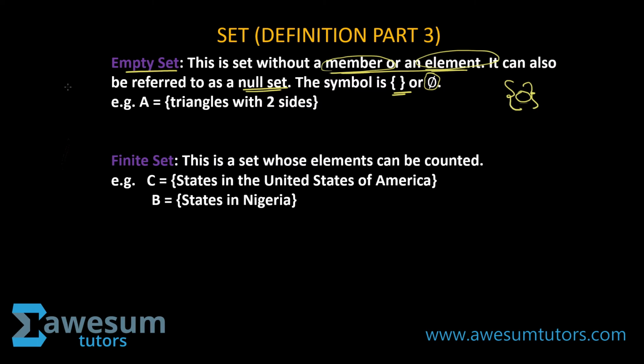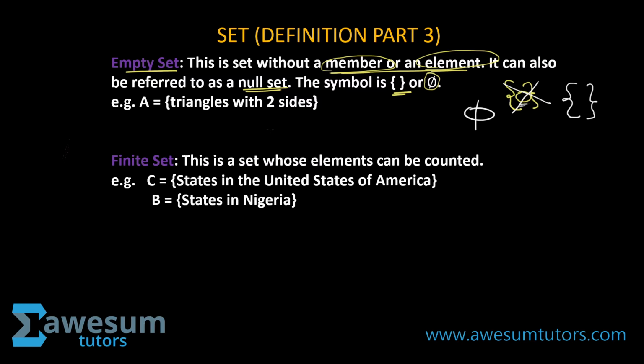If you write this, it is wrong, because what you are saying here is that this set has an element 0, which is wrong for an empty set. An empty set is just the brace, open and close, or you use this symbol.